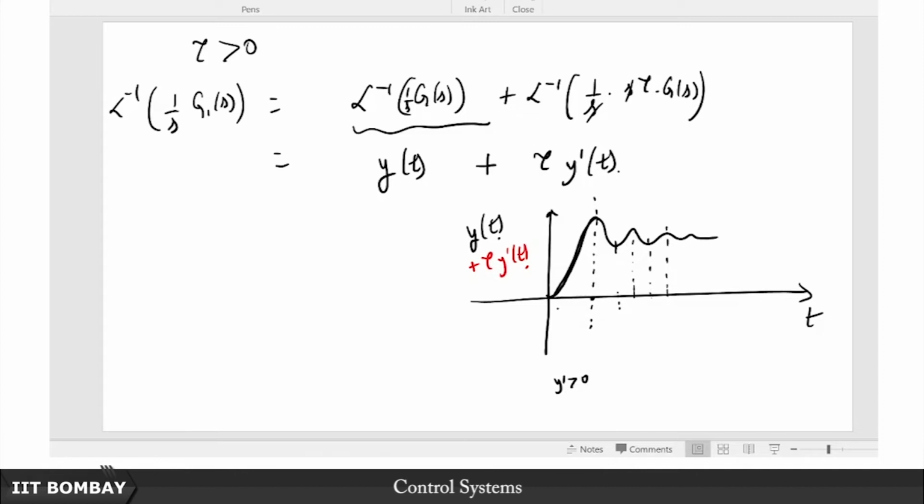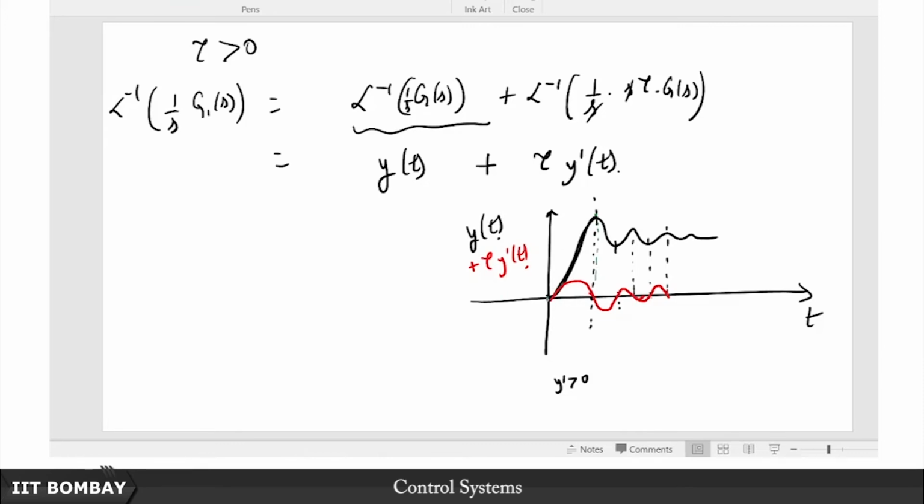So now, based on this, you can draw tau times y dashed, so I am scaling it up by tau. Let us say for some given value of tau, which corresponds to a 0 location, this is what gets superposed. So what does this do? If you want to cook up the net effect of the 0, you see during this interval it gets added, so it adds more to this.